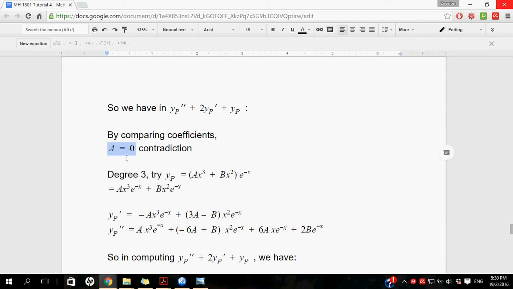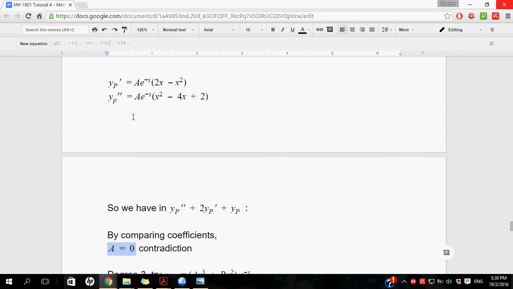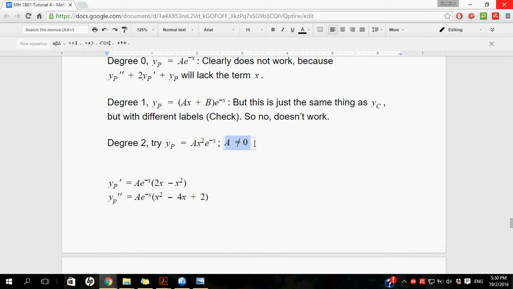I'm going to leave this as an exercise because you can just take these terms and plug them in, and you'll see that you would need to have a equal to 0. And that is a contradiction because we were forced to assume that a was not going to be 0. So it means that in this case, we can't have any degree 2 polynomial which would give us a solution. So this doesn't work as well.